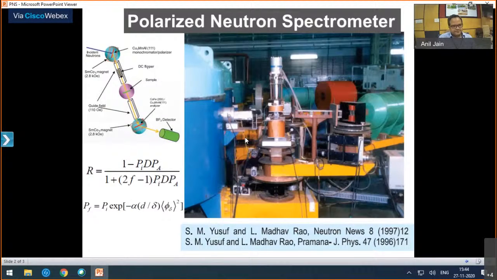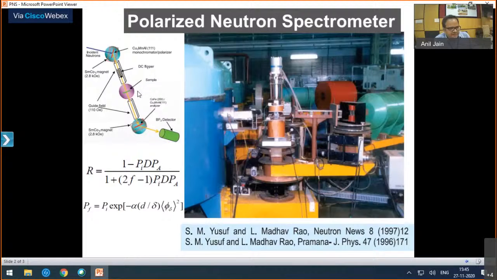Here you can see we have the incident neutron beam which is unpolarized, and we use the 111 reflection of the Heusler alloy Cu2MnAl to produce the polarized neutron beam, and this is the guide field to keep the neutron beam from losing its polarization.